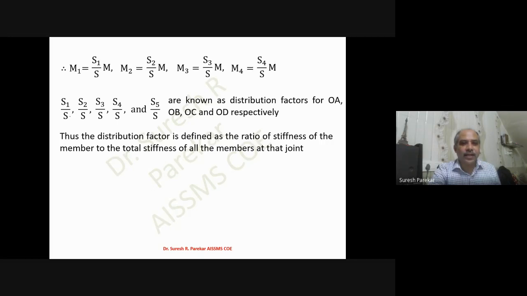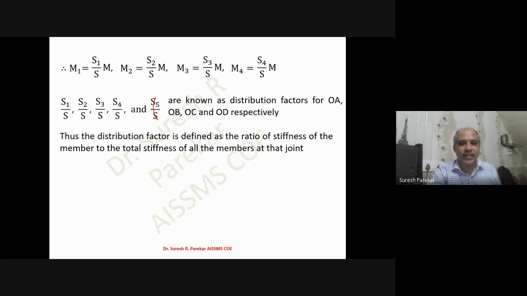Now S1 upon S, S2 upon S, S3 upon S, S4 upon S, and we do not have S5 upon S since we have only 4 members, are known as the distribution factors for OA, OB, OC, and OD respectively.